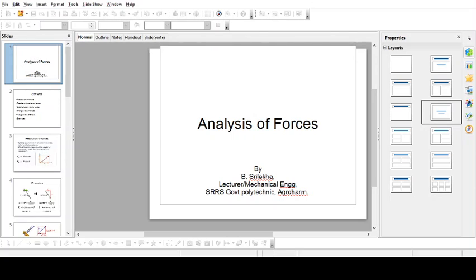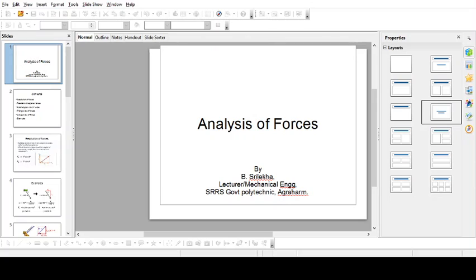Next, if the forces are coplanar concurrent or non-coplanar concurrent, we have the parallelogram law of forces, triangle law of forces, and polygon law of forces.